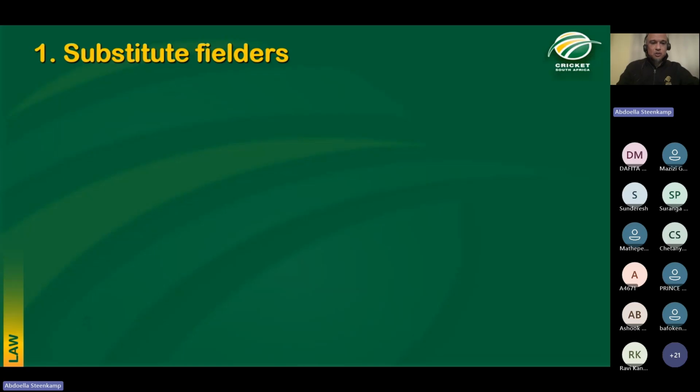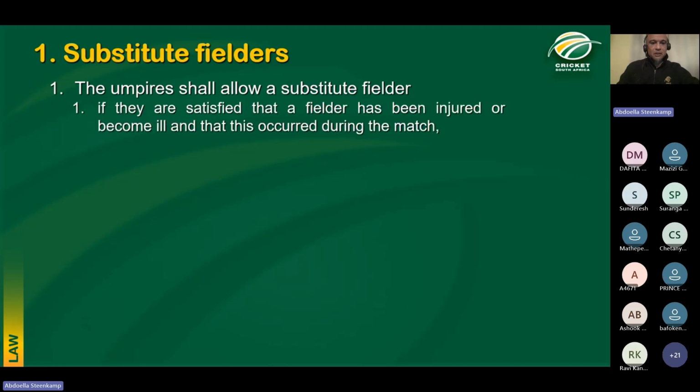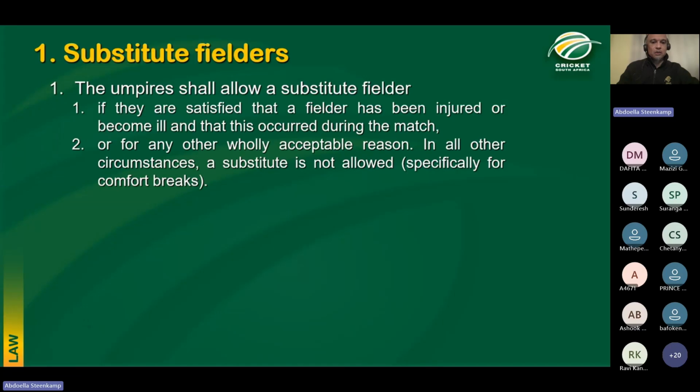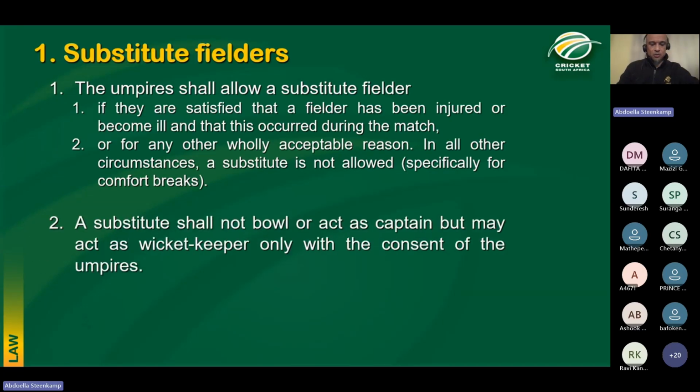When it comes to substitute fielders, the umpire is to allow a substitute fielder if the umpire is satisfied that the fielder has been injured or ill. And importantly, this injury or illness happened during this particular game. So if that is the case, umpire to allow a substitute. Also, for wholly acceptable reasons, umpires to allow a substitute.